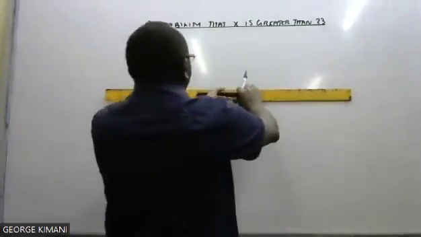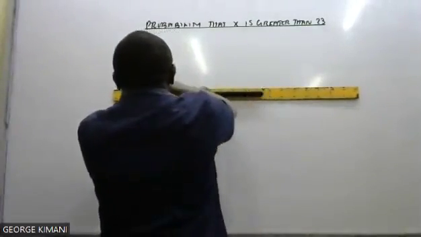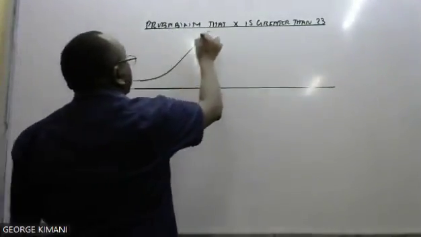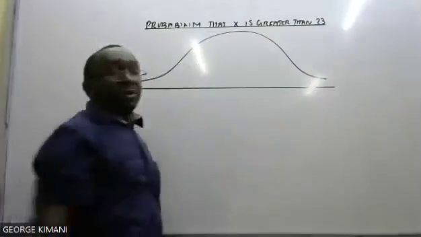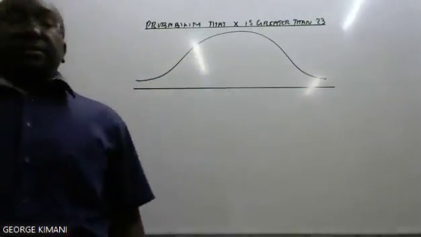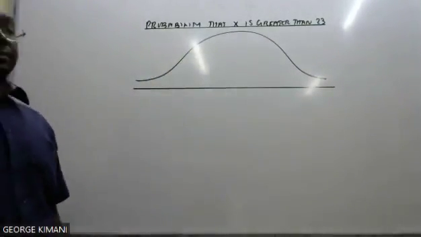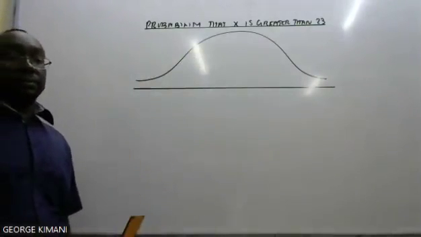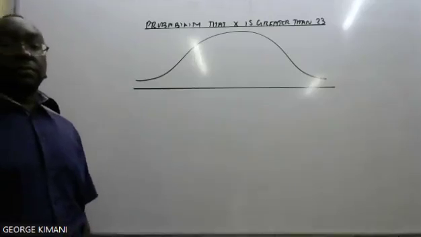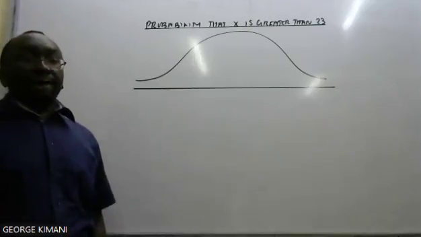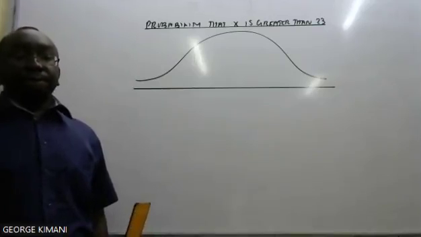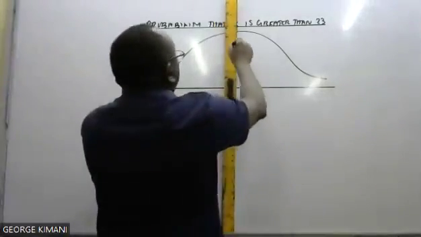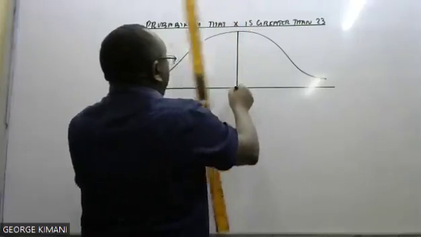you draw a small curve, not a big one, because you will draw very many. Then in the middle you put x bar.